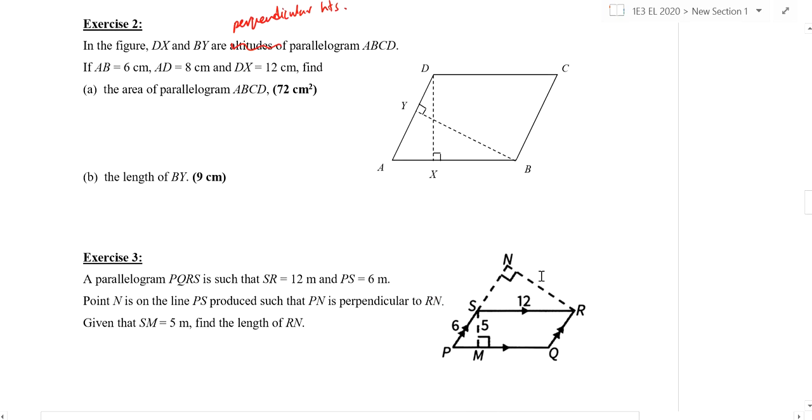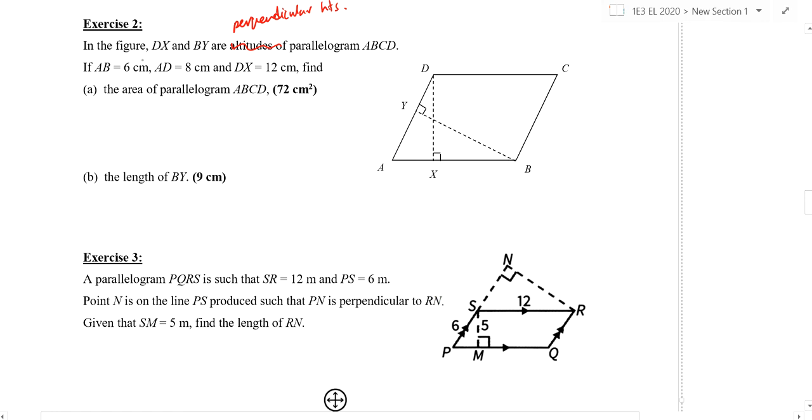Now in exercise 2, in the figure, DX and BY are the perpendicular heights of the parallelogram. So we need to identify DX over here is the perpendicular height, where AB is the corresponding base. Now BY is also a perpendicular height, but its corresponding base will be DA.